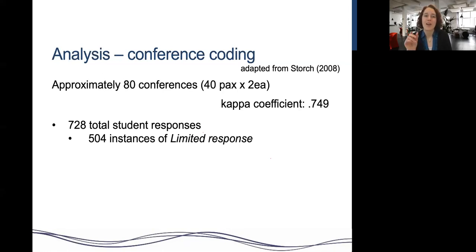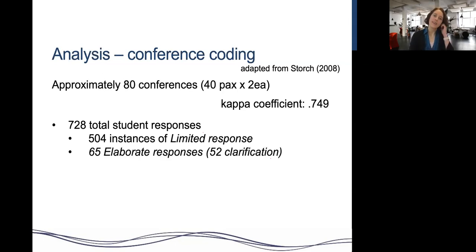504 instances were of a very limited response, meaning the student said yes, no, add S, just very limited. And I've actually just recently reanalyzed this, and it's not 65 elaborate responses, it's actually 5 elaborate responses.